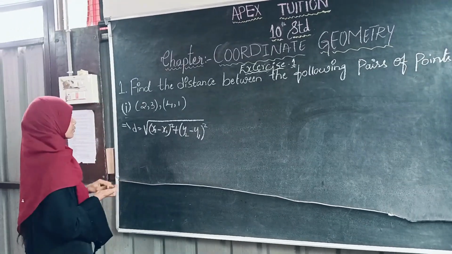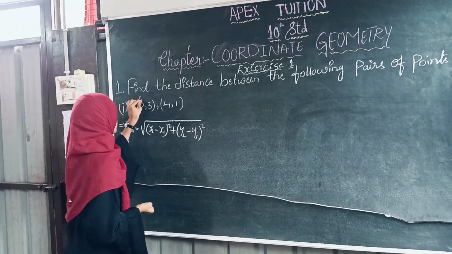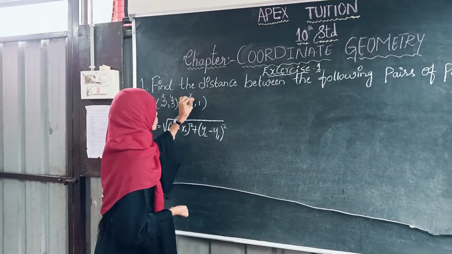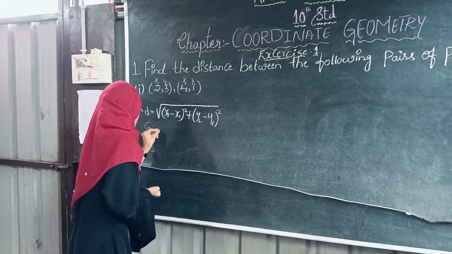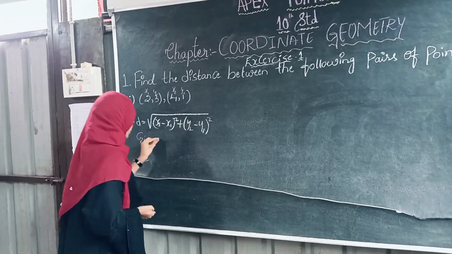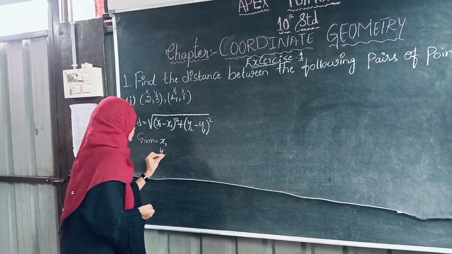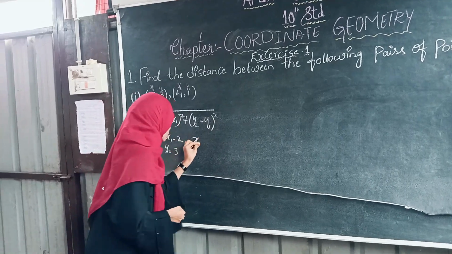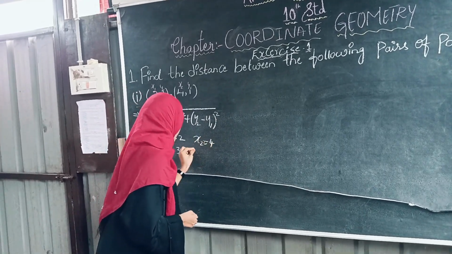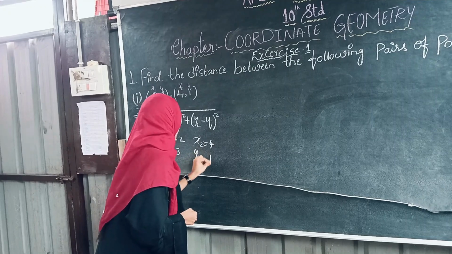Then we will write the given, x1 y1 x2 y2. Given: x1, y1 is 2, 3 and x2 is 4, y2 is 1.